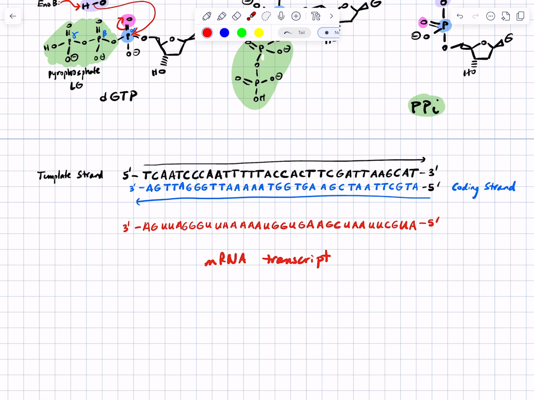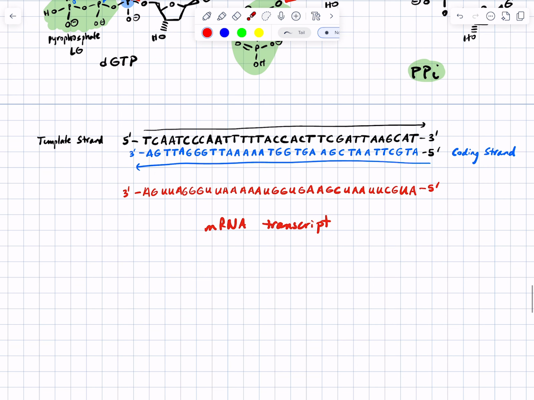You start with the template strand, and in this case I would just give you the template strand. You would need to write the coding strand, remembering that this end is the 5' end. And then if you want to, you can divide the mRNA transcript into 3 letter codons. And you don't even have to rewrite it as long as you remember that RNA translation.